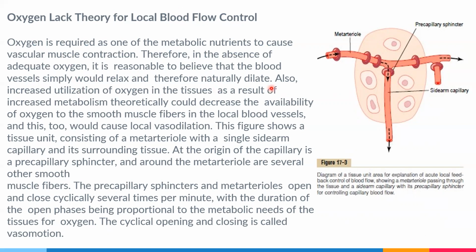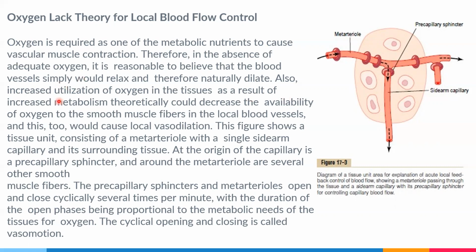As oxygen is required for the constriction to occur, so when there is an absence or a reduction of the concentration of oxygen, the blood vessels and the smooth muscles lining the blood vessels may simply relax and therefore naturally dilate, allowing more blood to come into the tissue.